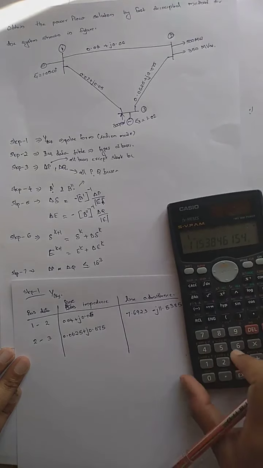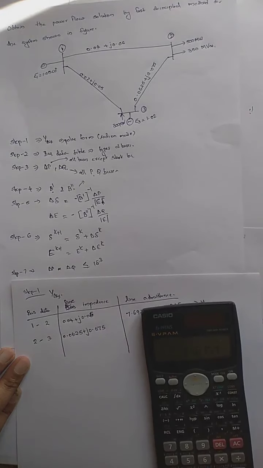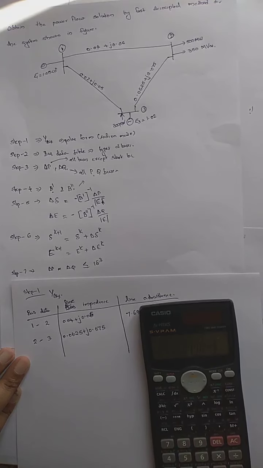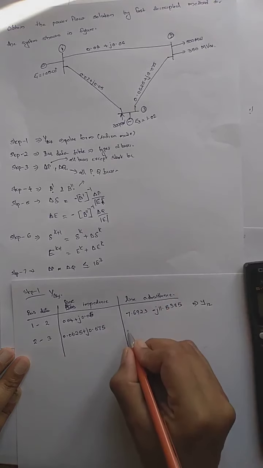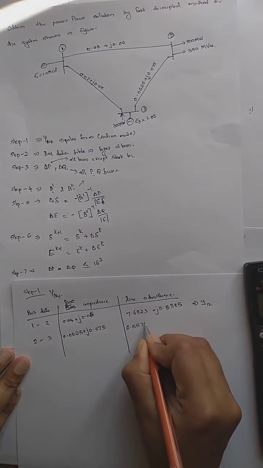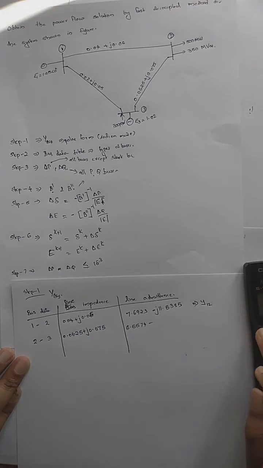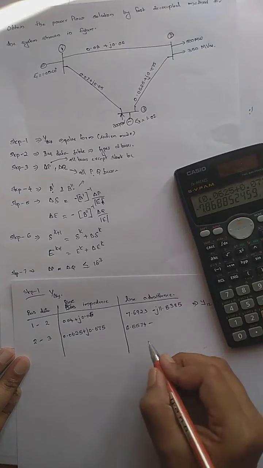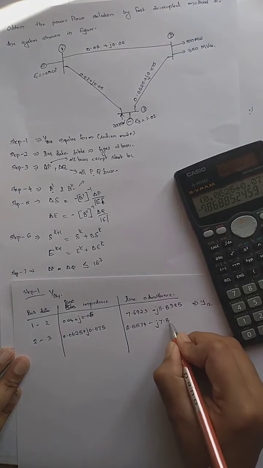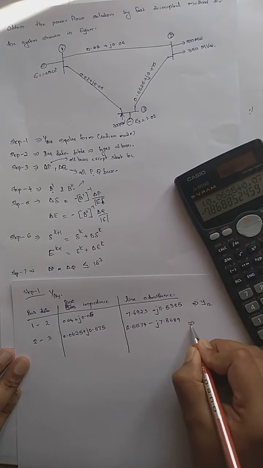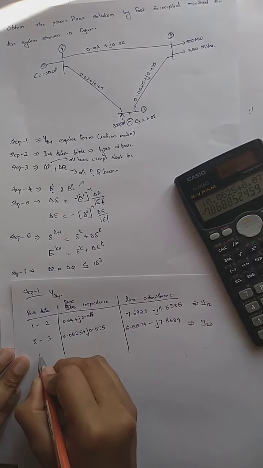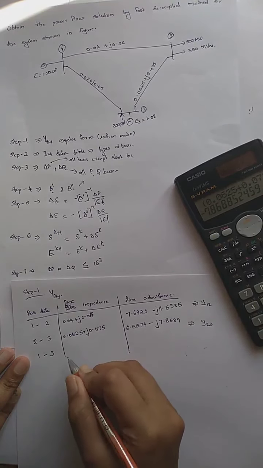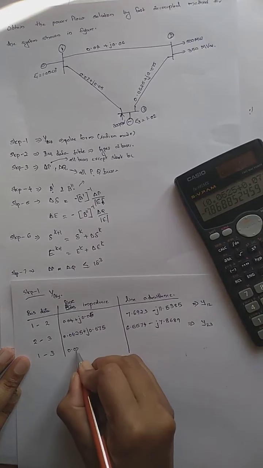So I take the inverse of 0.0625 plus j 0.075, and I get 6.5574 minus j 7.8689. So this value corresponds to my Y23.